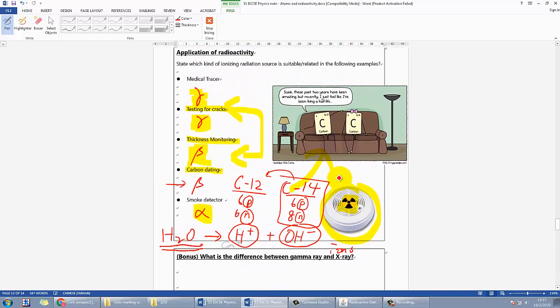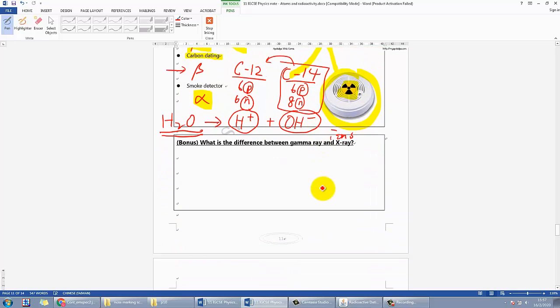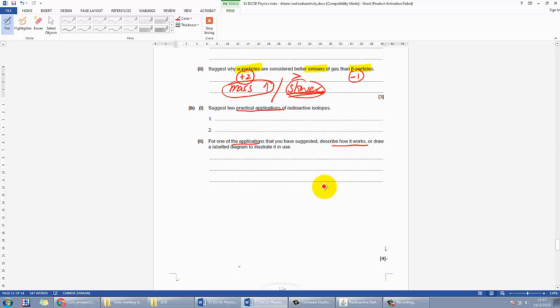I would personally prefer maybe the thickness or cracks monitoring, because it's simply easy to draw. So for example, here is a receiver, and here is an emitter for the source, let's say a beta source.